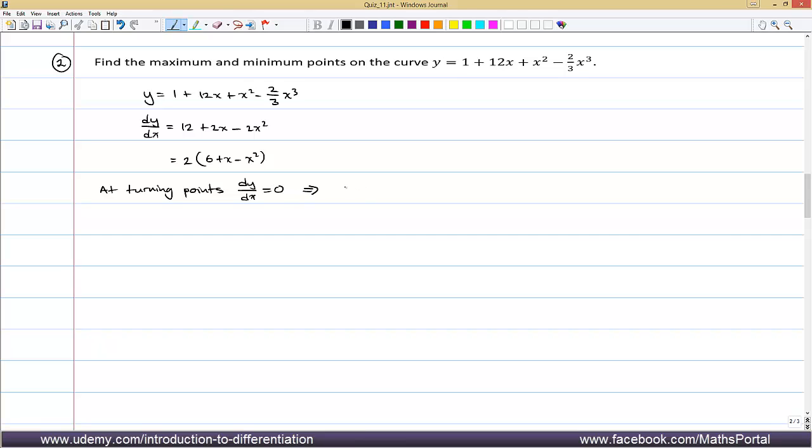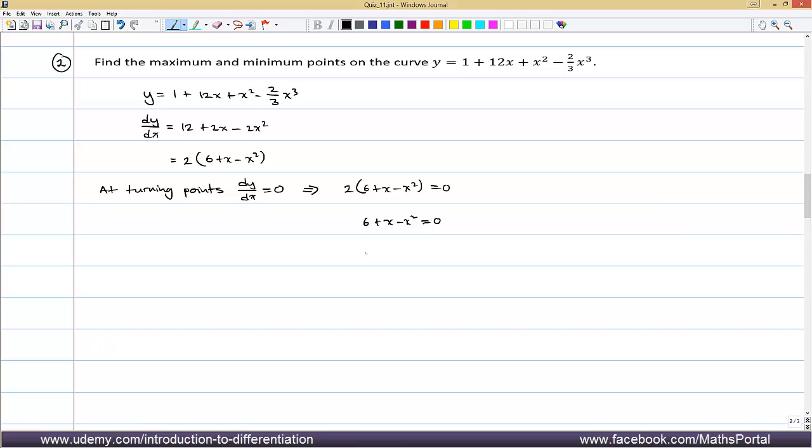And as such, 6 plus x minus x squared is equal to 0. If we bring 2 over to the right, then it cancels. So we are left with 6 plus x minus x squared equals 0. And we can change the sign, the minus becomes plus and the plus becomes minus.